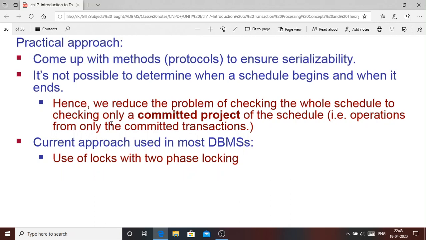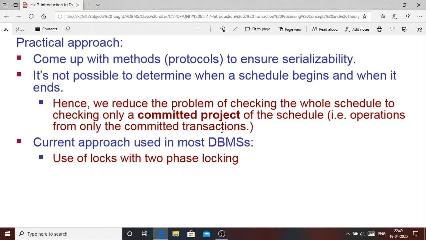So to ensure serializability, the practical approach is to consider only the committed transactions, which is what we can call the committed projection of the schedule. That is, only those transactions which have committed will be considered to check for serializability.